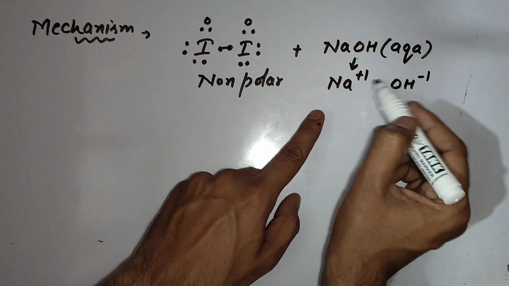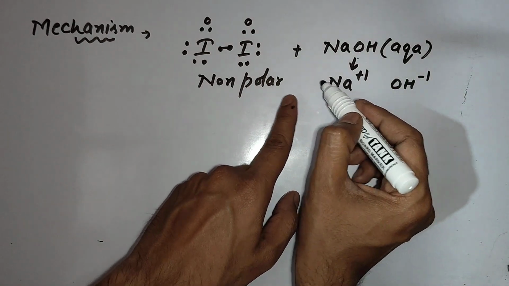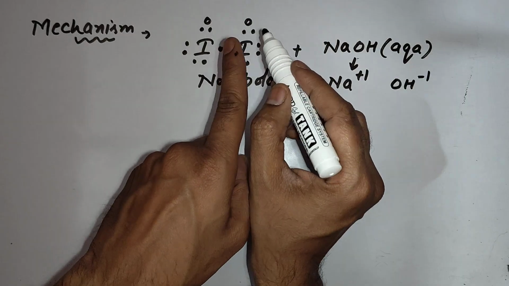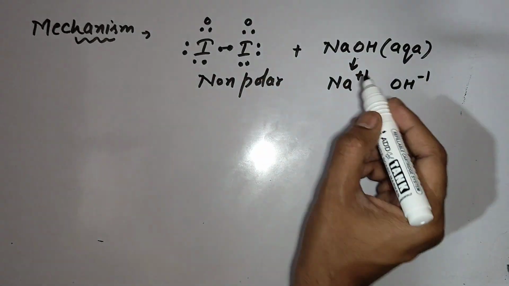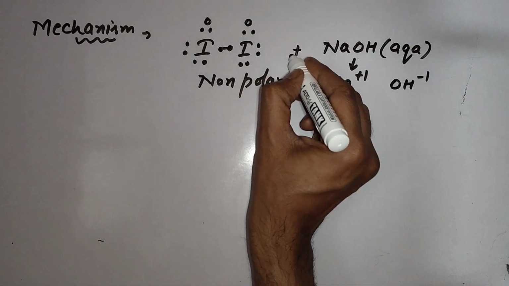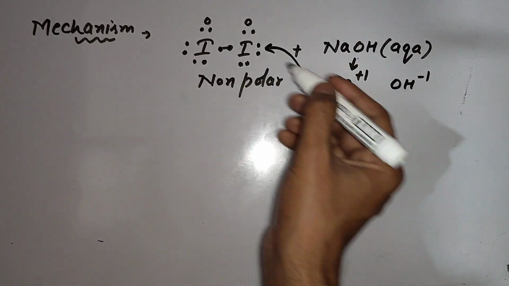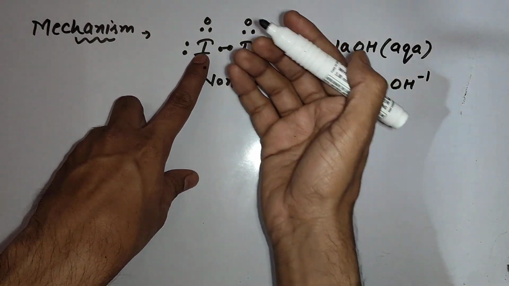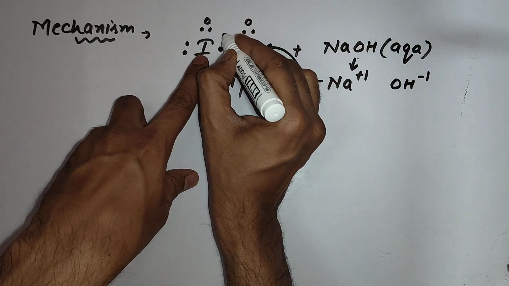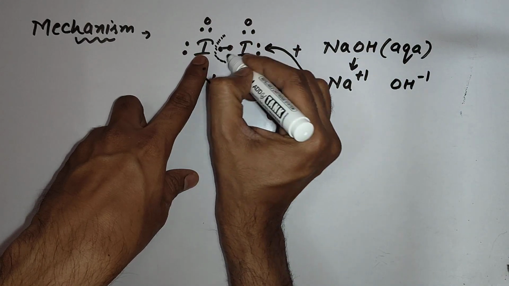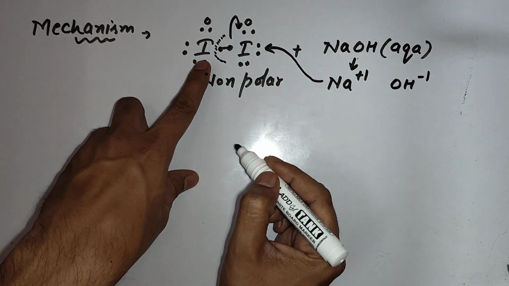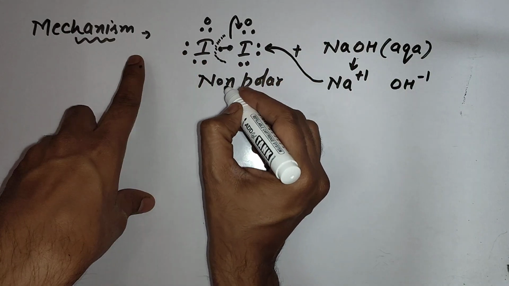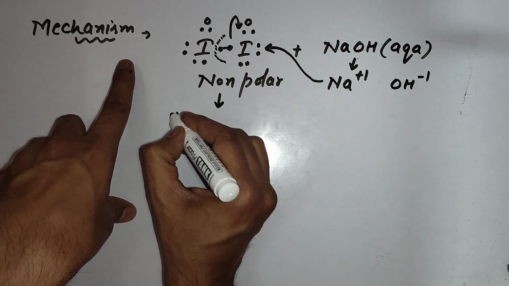Now when these polar particles come in contact with the non-polar one, they will polarize it. Means, when sodium is colliding with this particle, due to its positive charge, it will start attracting electrons toward one iodine, like this. And the iodine molecule will break in two parts.